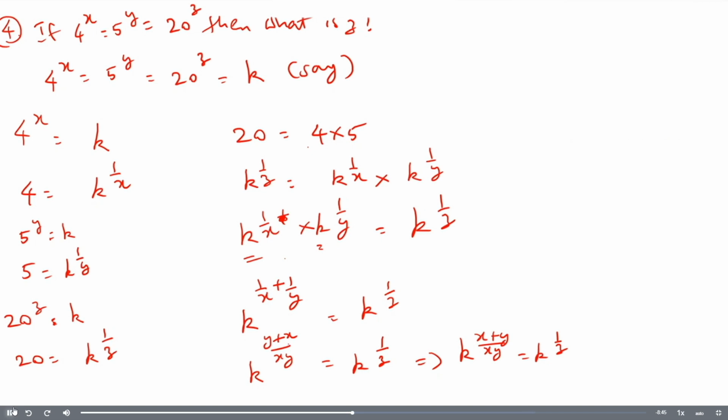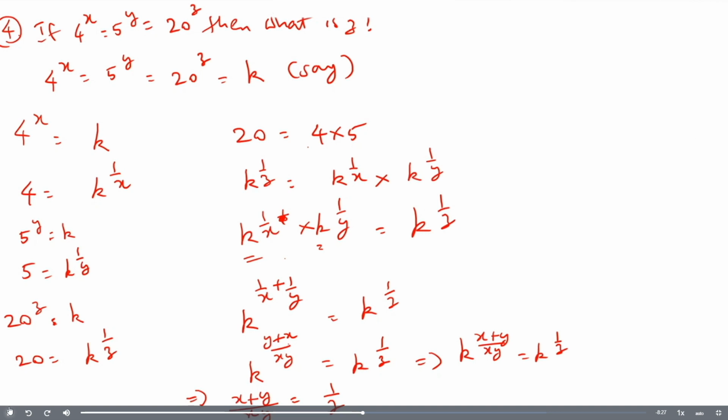Therefore, when the common base is there and the two sides are the same, the powers are equal. So (x plus y) by xy is equal to 1 by z.